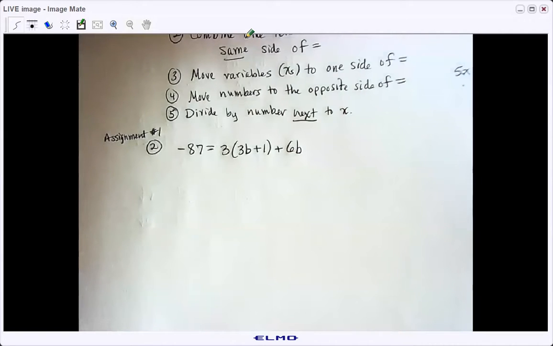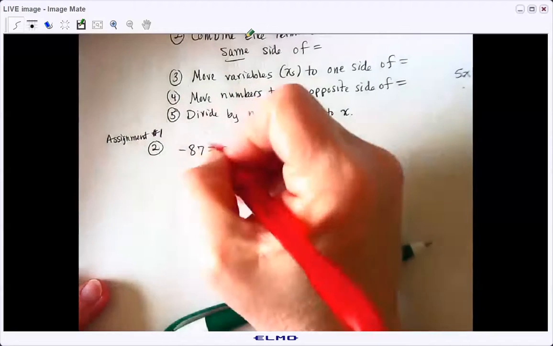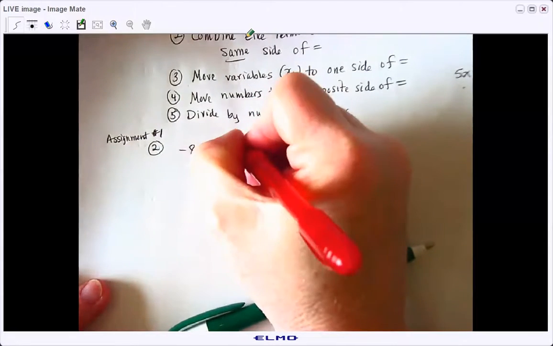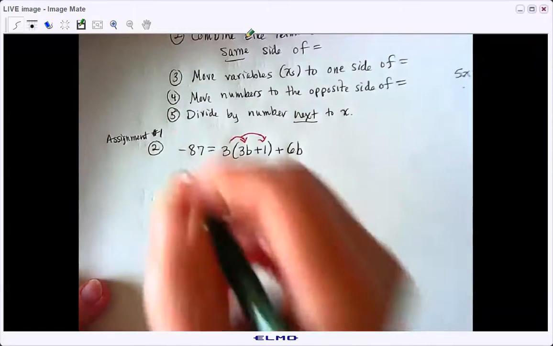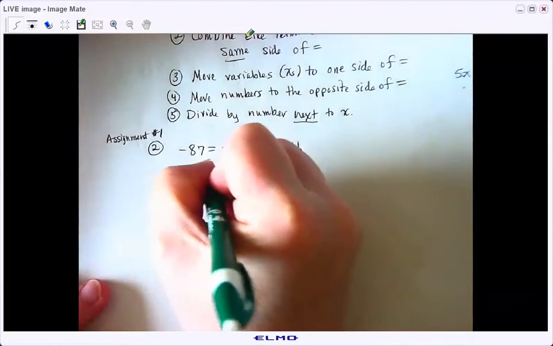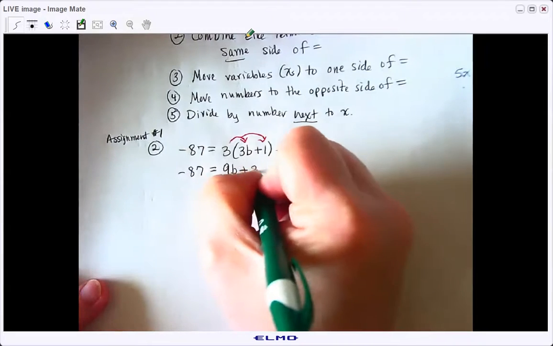Okay, so using the 5 steps as a roadmap, first step says to distribute. That means we're going to take the outside number or term and multiply it by both of the inside terms. So negative 87 is equal to 9b plus 3.